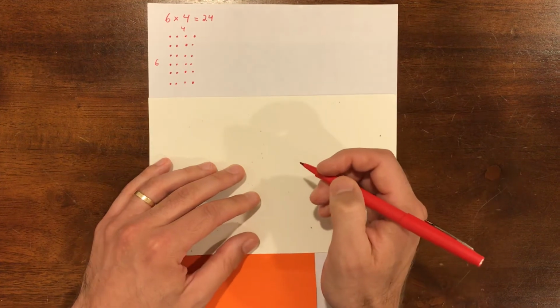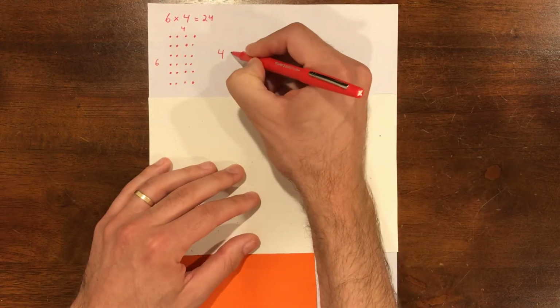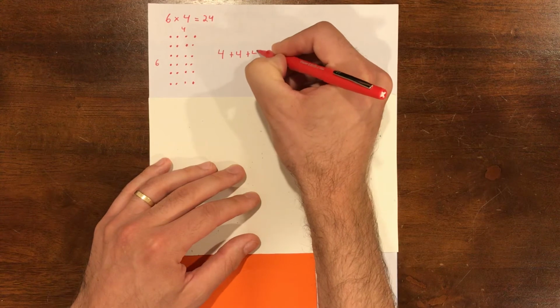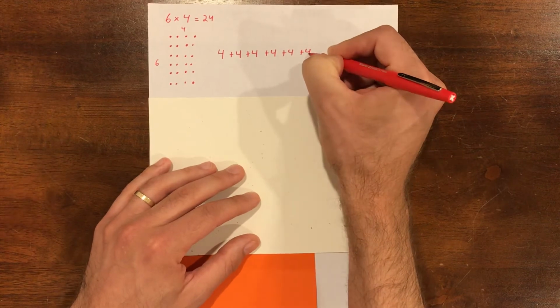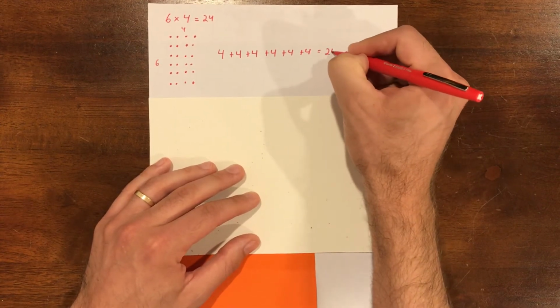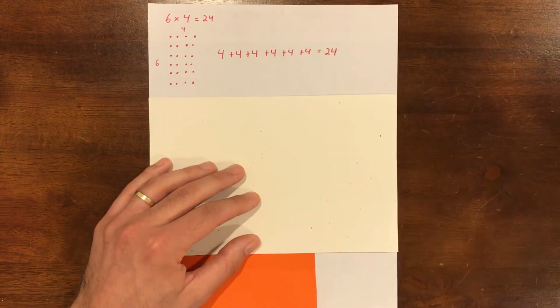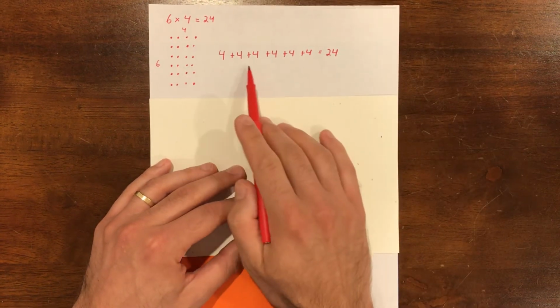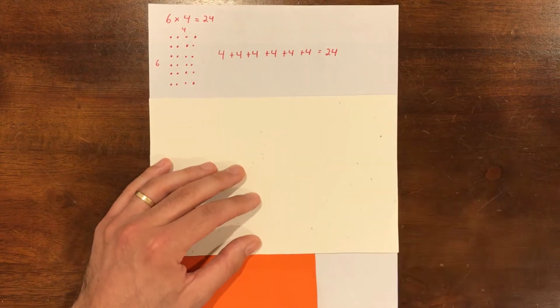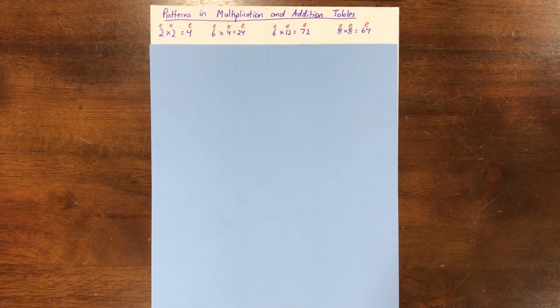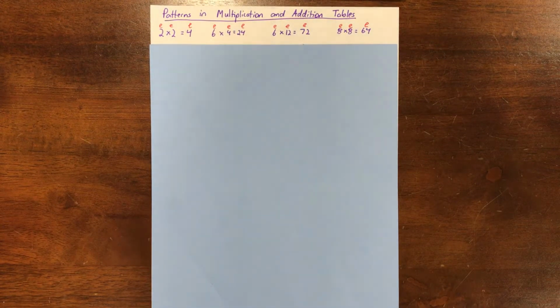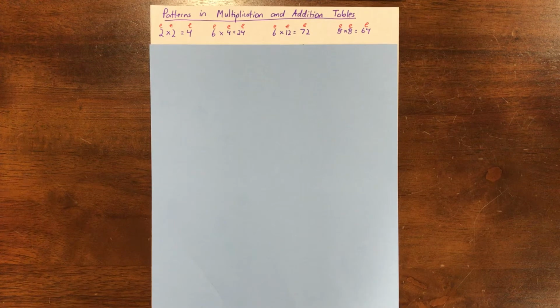For example, in this problem, 4 plus 4 plus 4 plus 4 plus 4 plus 4 equals 24. 24 is even because every number that we're adding together to get it is also even. Great. So if we have equal groups with an equal amount in each group, our total will always be even.